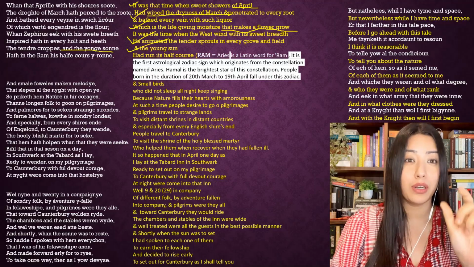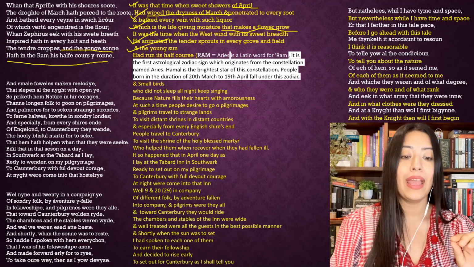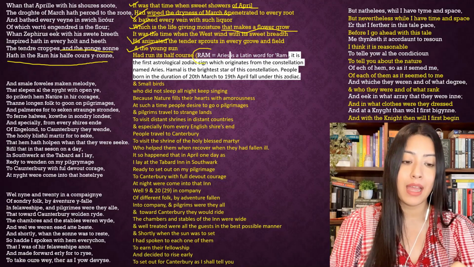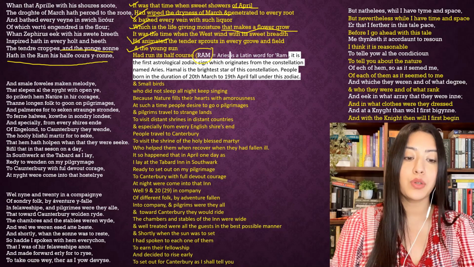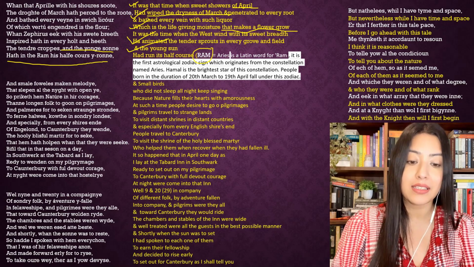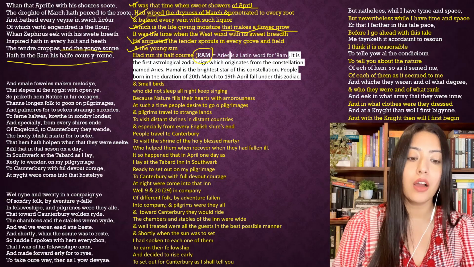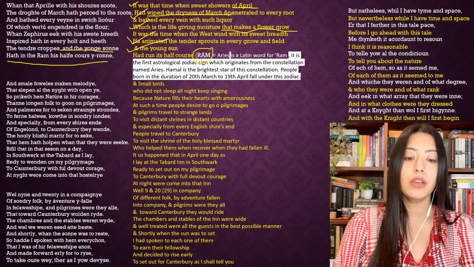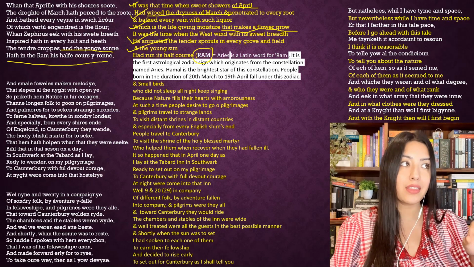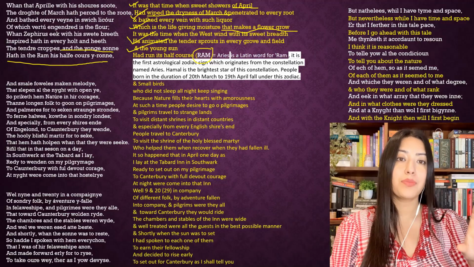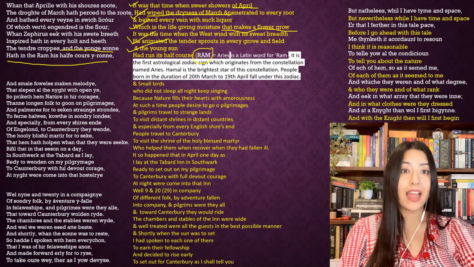What does it mean? The word Ram: Aries is the Latin word for ram, and it is the first astrological sign, or zodiac sign, which originates from the constellation named Aries. Hamal is the brightest star of the constellation. People born between 20th March and 19th April fall under this zodiac. So what he's trying to say is that the first months of the year, the first course of the sun, had already begun.